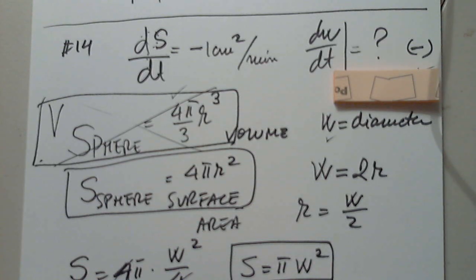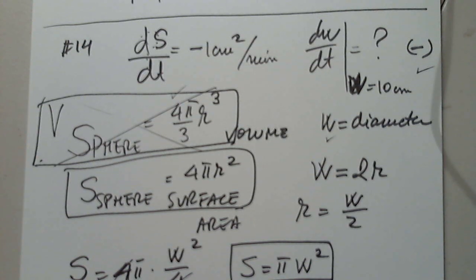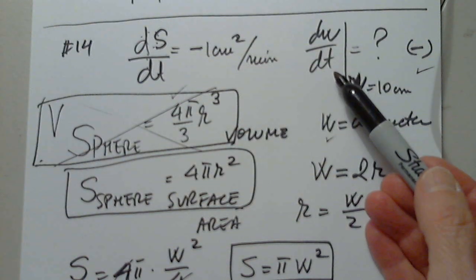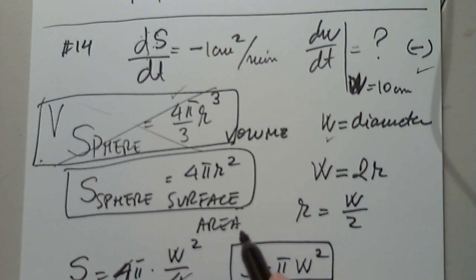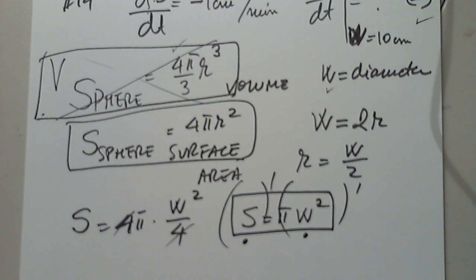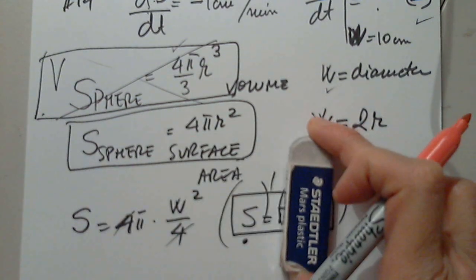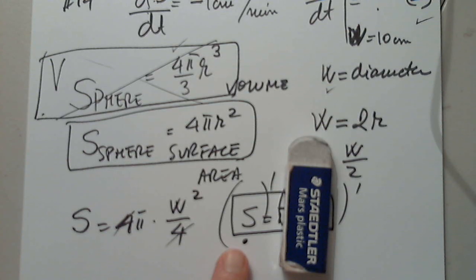I put a little dot underneath so I don't forget these two are functions of time. They're asking us the rate of change when blah, blah, blah. Well, I have to differentiate. Can anyone differentiate this equation for us? 2 pi w times 5. Oh, s prime over s.